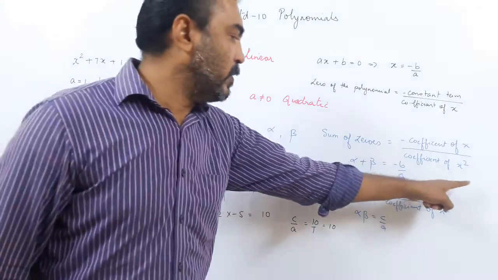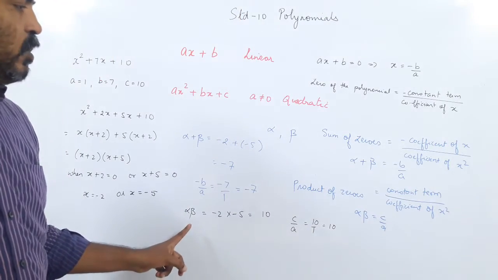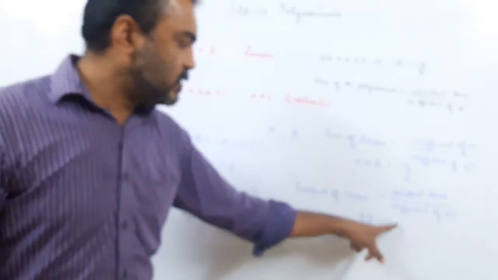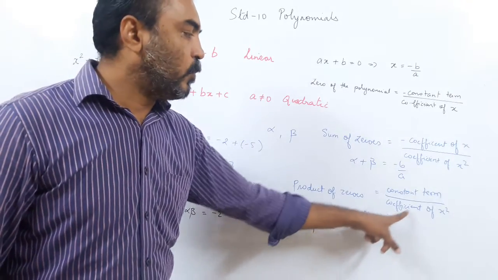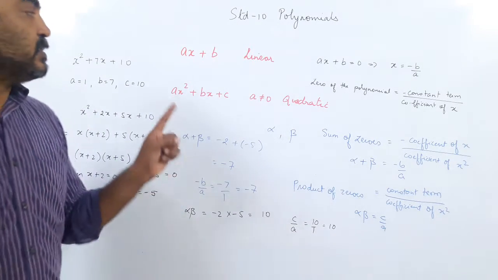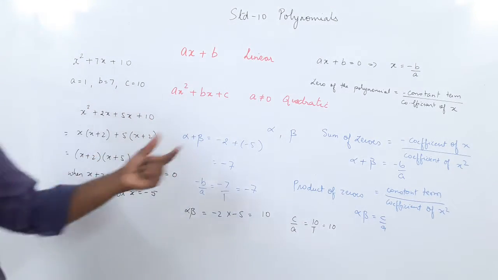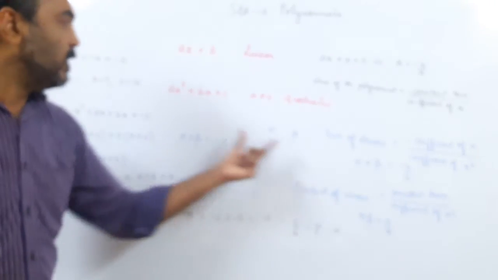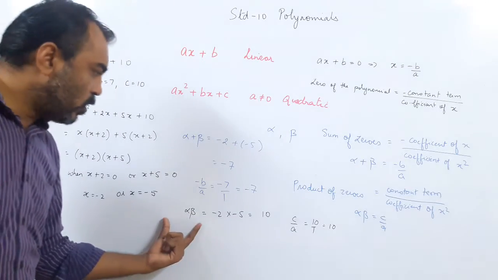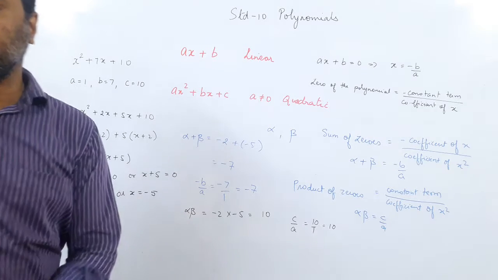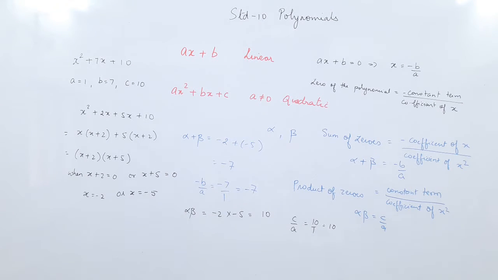Here a is 1. And the product of the zeros will always be c upon a, the constant term upon the coefficient of x square. So this gives us the relationship between the sum of the zeros and the coefficients, and the product of the zeros and the coefficients. This will always be verified. This is the first type of sum that we have encountered.